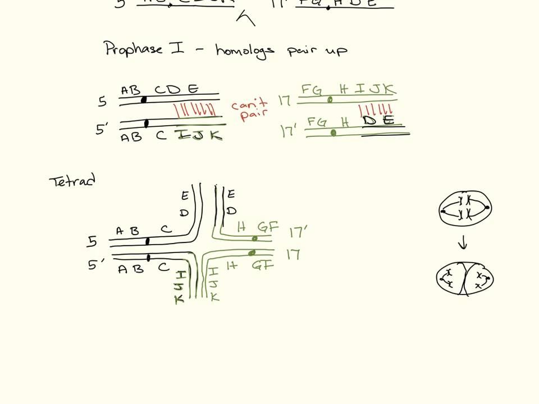Well, it could be that it's lined up like this, and so you'll get a spindle pole attaching to each of these, and you could get 5 and 5 prime going to one side, and on the other side you could get 17 and 17 prime at the other pole.